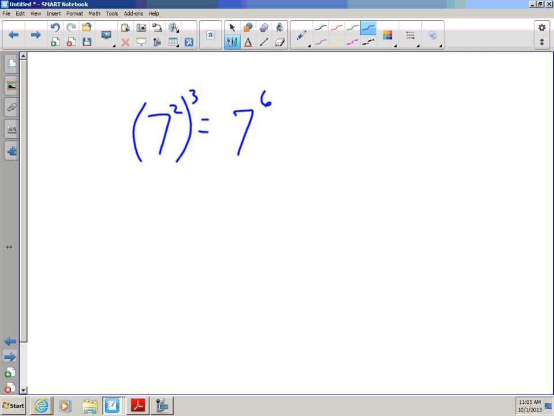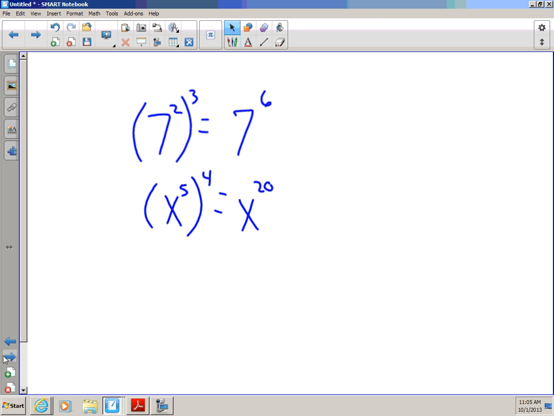Or if I had x to the 5th to the 4th power, that is x to the 20th. It again is just a shortcut way of writing out repeated multiplication, and it'll cut down on some work and allow you to simplify different expressions much simpler.